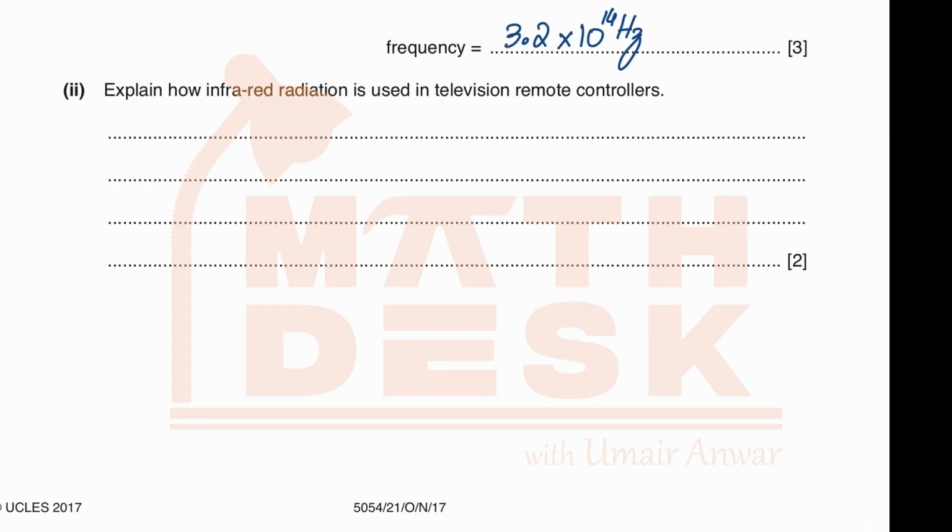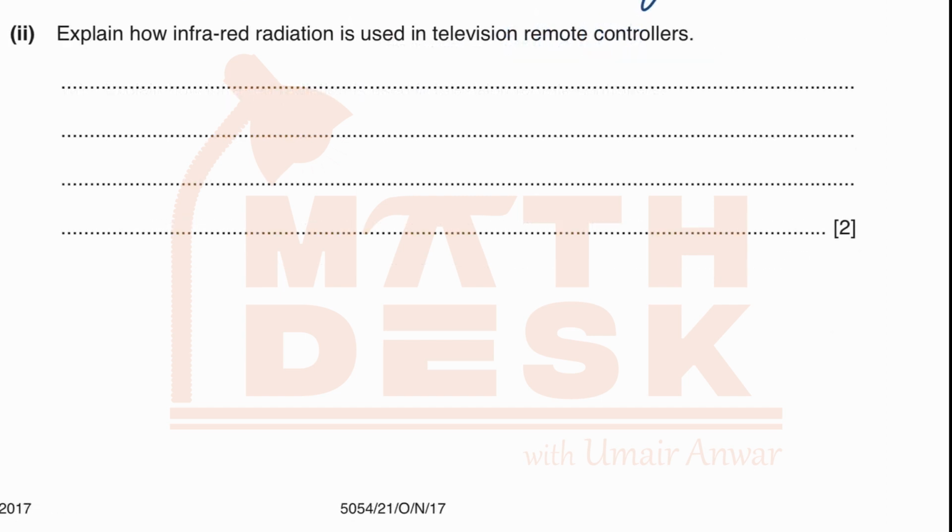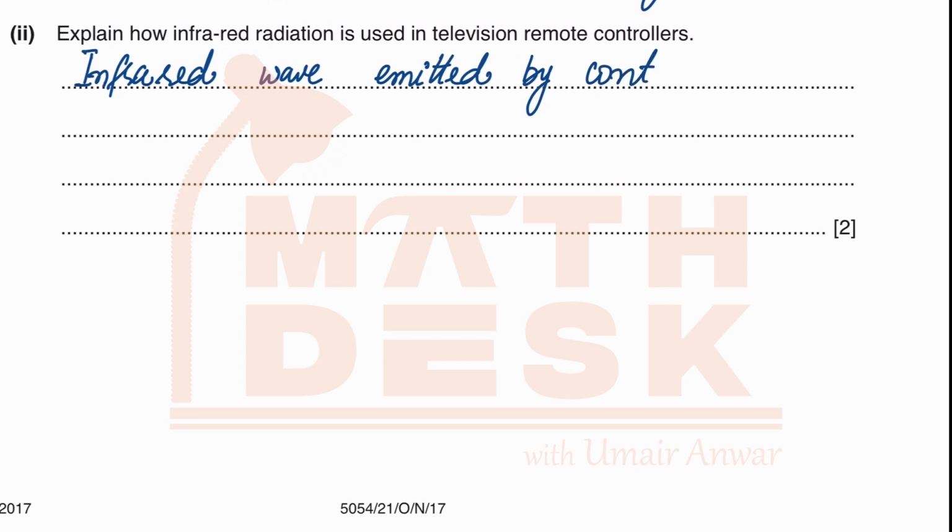Explain how infrared radiation is used in television remote controllers. So in these remote controls, we have infrared waves emitted by the control and it is received at the television set.